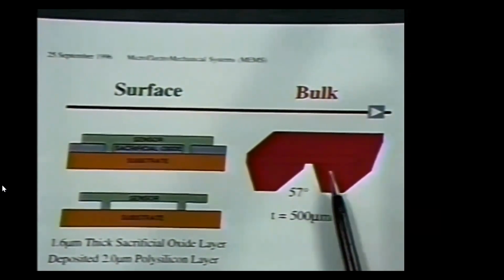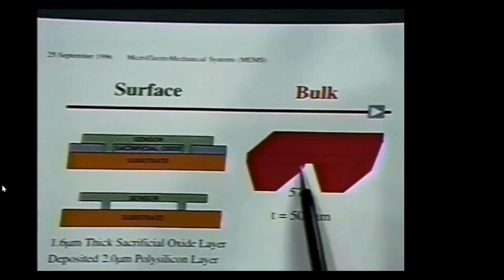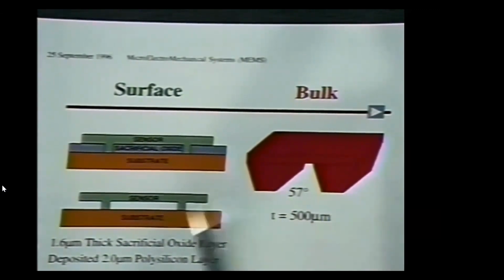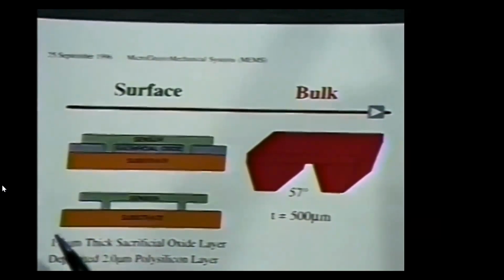In bulk micromachining, the silicon substrate is typically etched through from the back in most devices, leaving some sort of membrane structure. What I should point out, and what really determined one of the main reasons in our choosing surface micromachining, is that the characteristic dimensions of the surface micromachined devices are in the neighborhood of 1 to 2 microns.